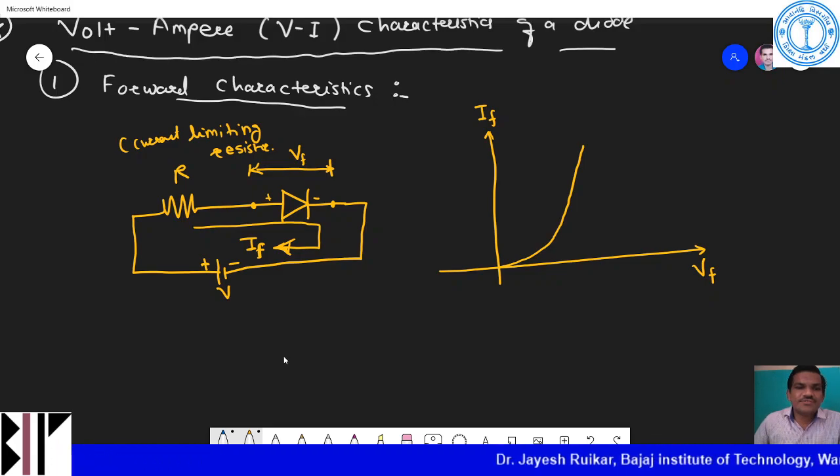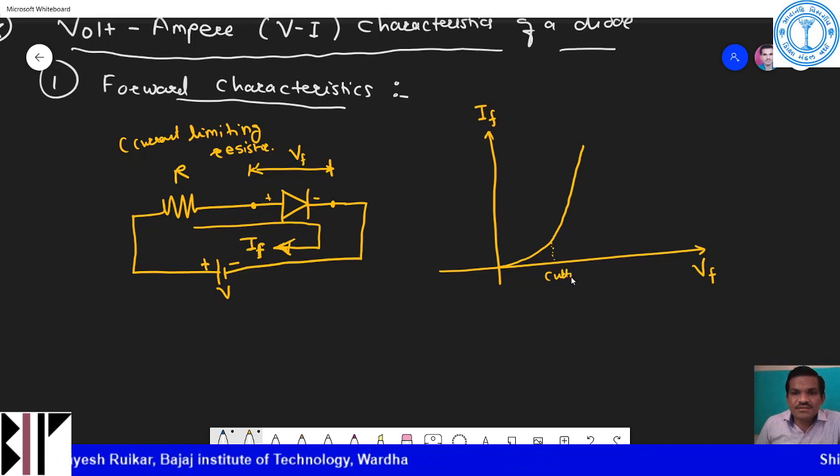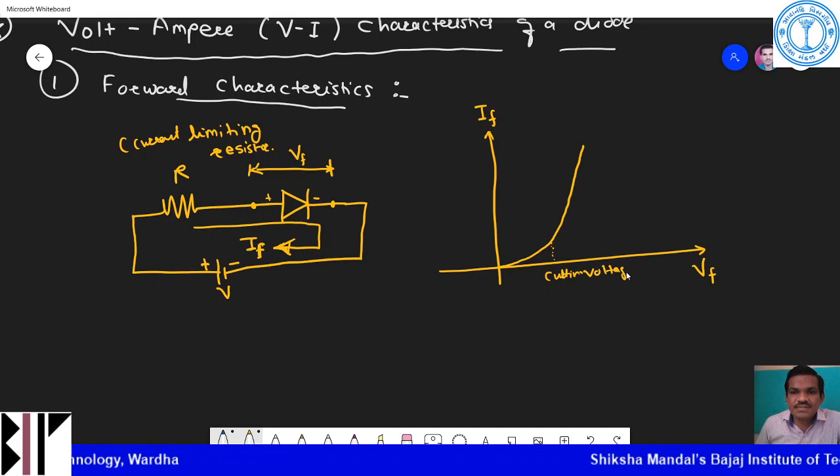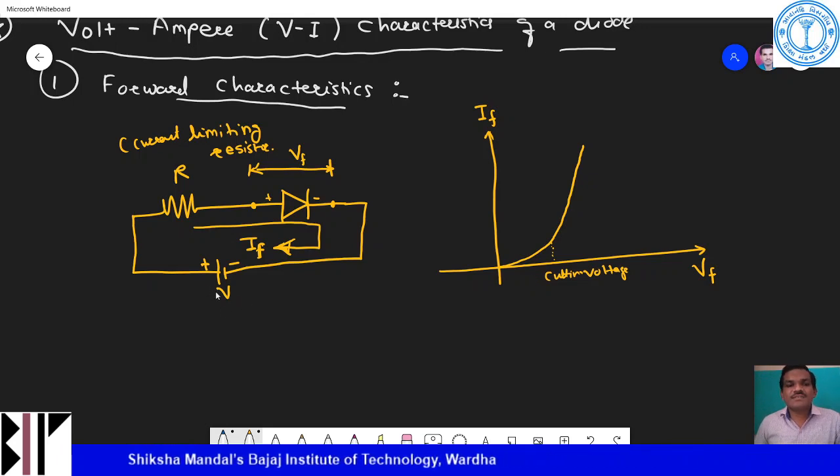What I was discussing is that as long as there is the cut-in voltage, or barrier potential, if the applied voltage is less than this cut-in voltage, your diode won't conduct.